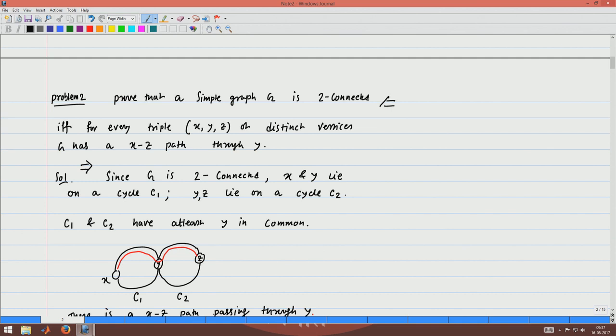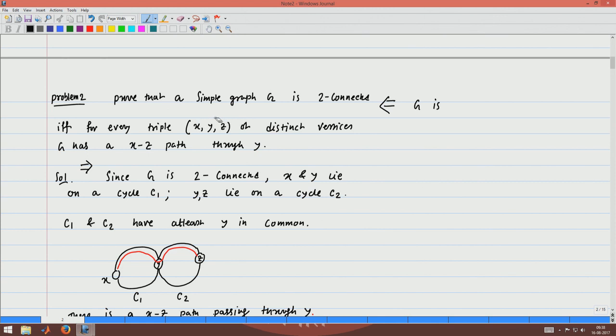The only if part is that you are given that for every triple x, y, z of distinct vertices, there is an xz path passing through y. That means, for every pair of vertices x, z, there is a path between x and z, the part about passing through y not being required at this moment for my purpose.